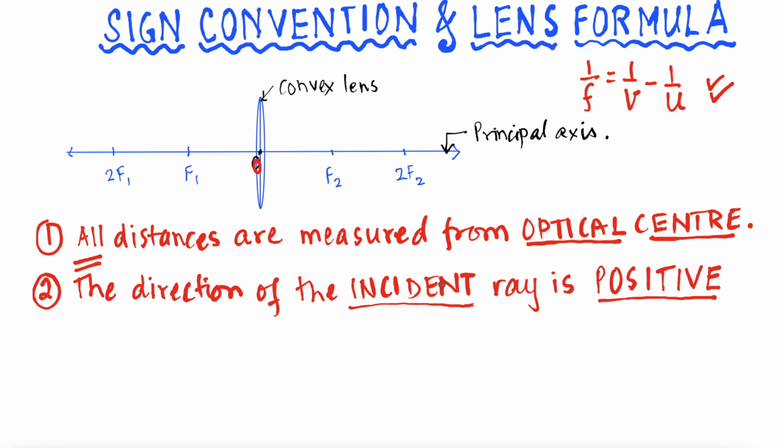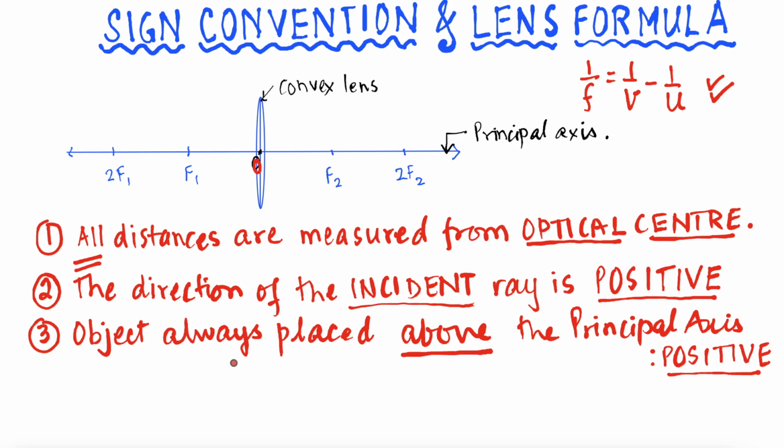So where the ray comes from the object, that ray will be considered as in positive direction. Point number 3, object always is placed above the principal axis and that is considered as positive. So as of now, just focus on positive and positive direction.